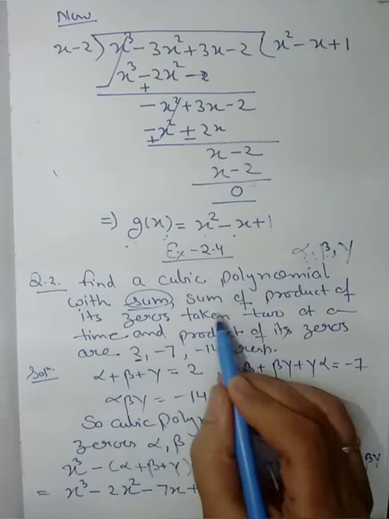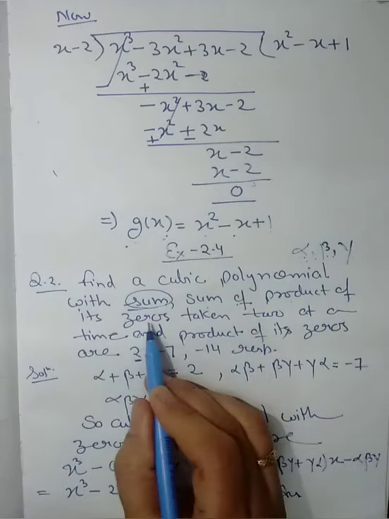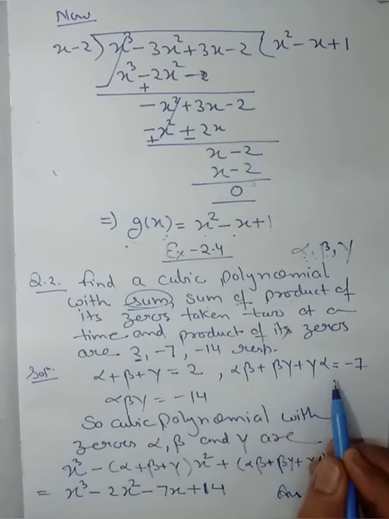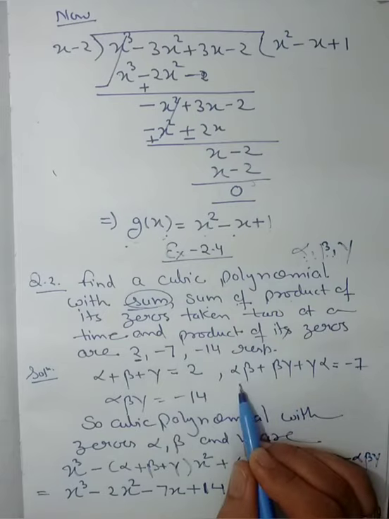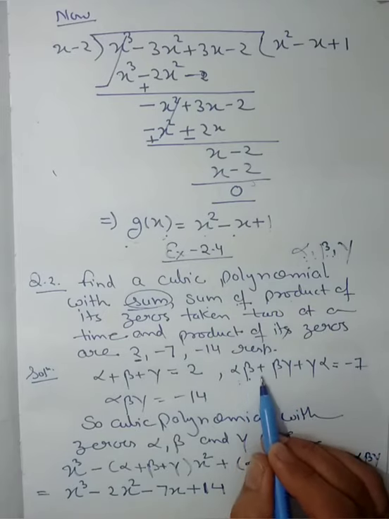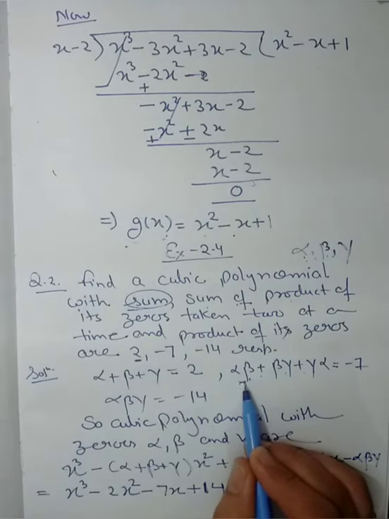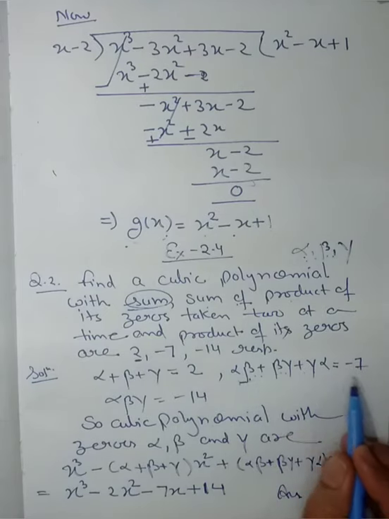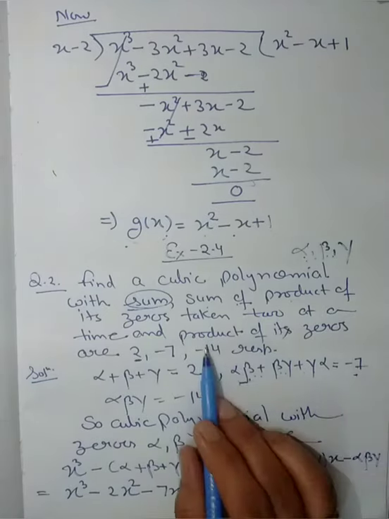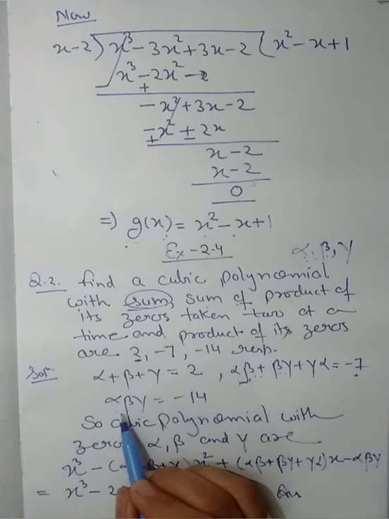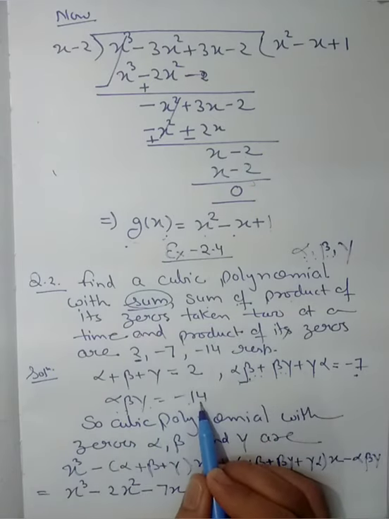Minus 7 is the sum of product of its zeros taken 2 at a time, meaning alpha beta plus beta gamma plus gamma alpha. We are taking 2 zeros at a time and then adding. This is minus 7. And the product of its zeros, that is alpha beta gamma, is minus 14.